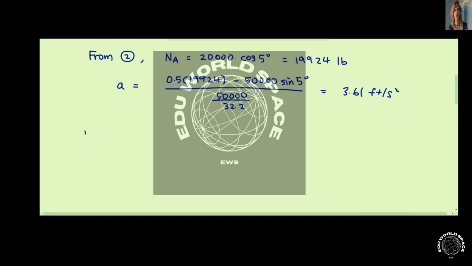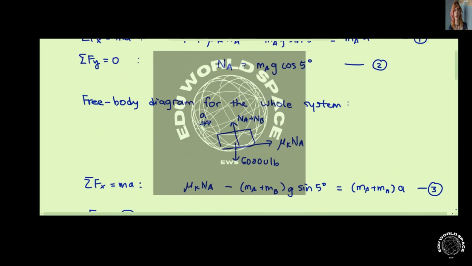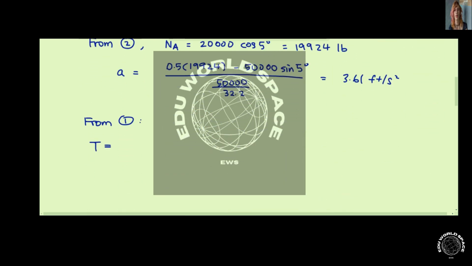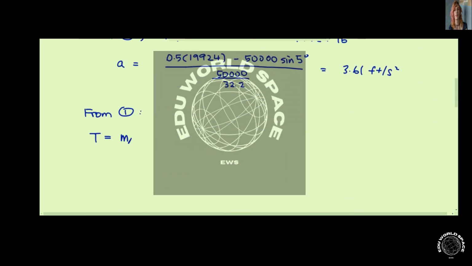From equation 1, T is equal to mA times a plus mA g sine 5 degrees minus mu k NA.